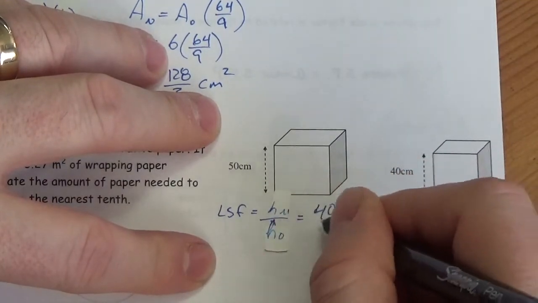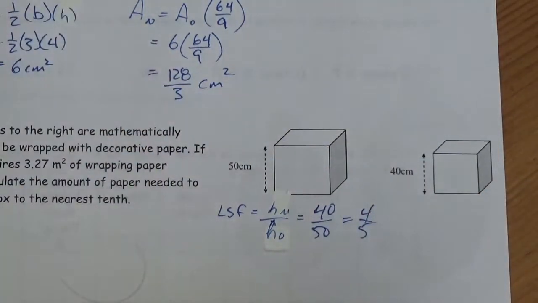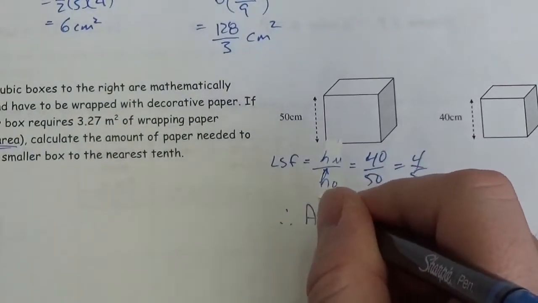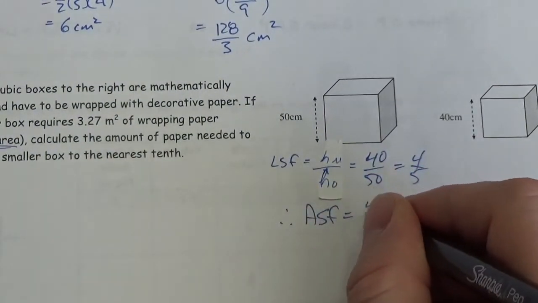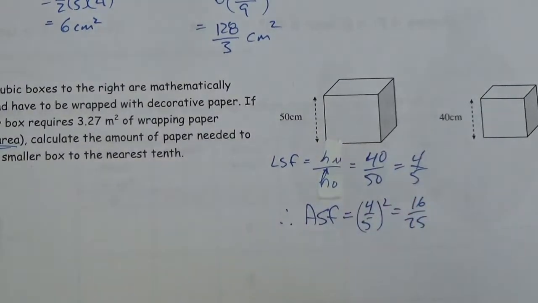I was thinking the right thing, but I should say the height. So that's going to be 40 over 50. So we've got this linear scale factor of 4/5, which means my area scale factor is going to be the square of that, or 16/25.